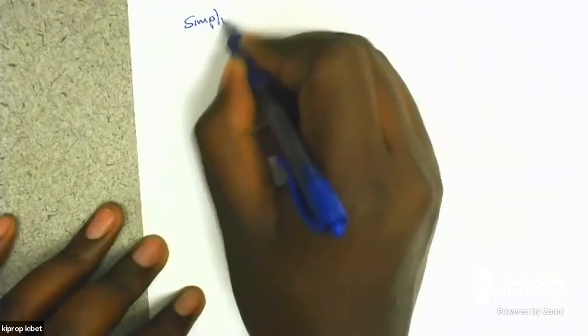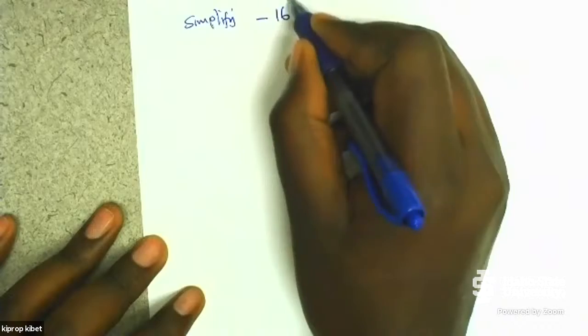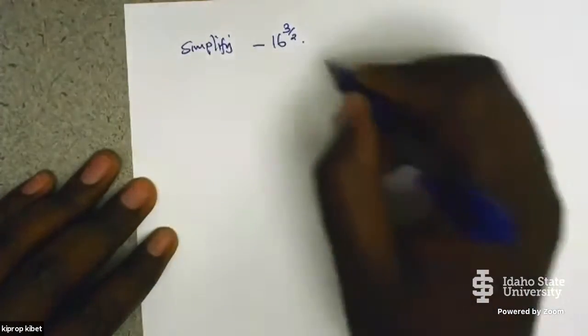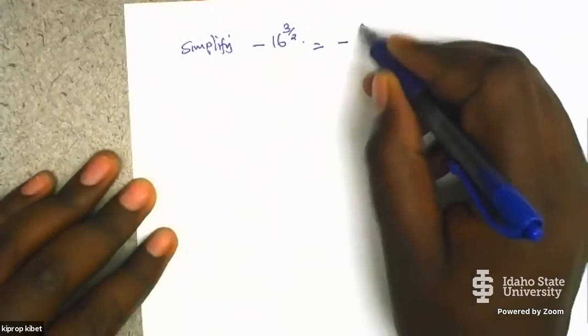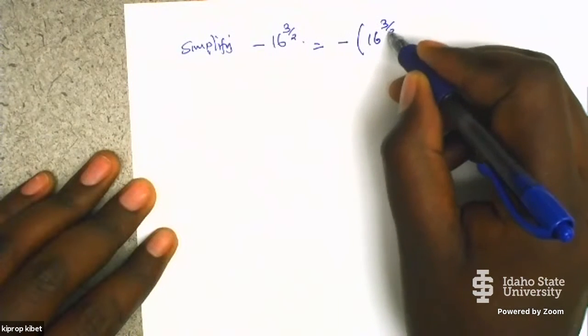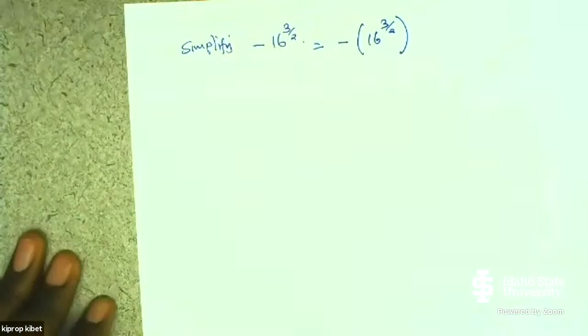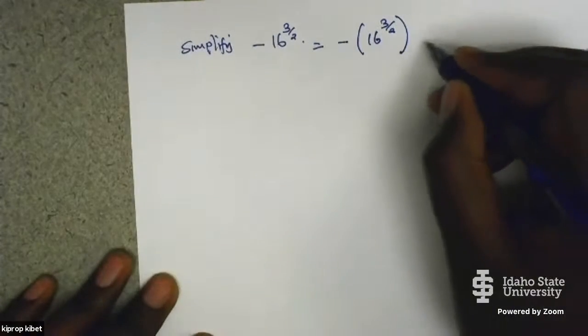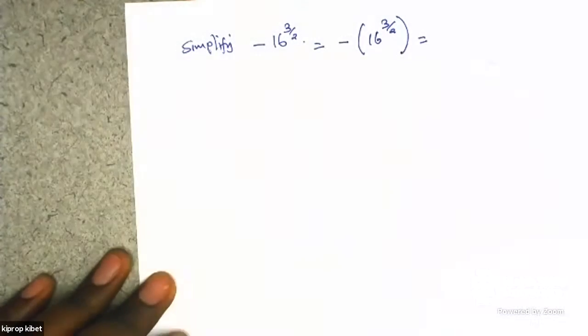Now let's simplify -16 raised to 3 over 2. If you look at this, the negative is not affected by the power, so this is similar to -16 raised to 3 over 2.